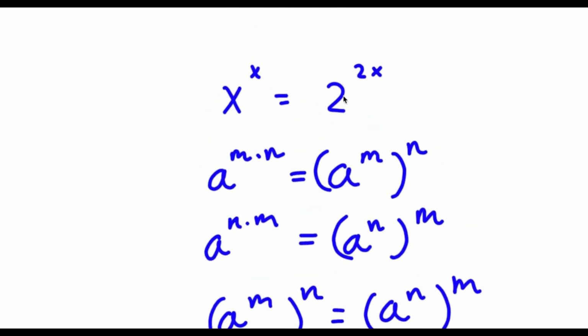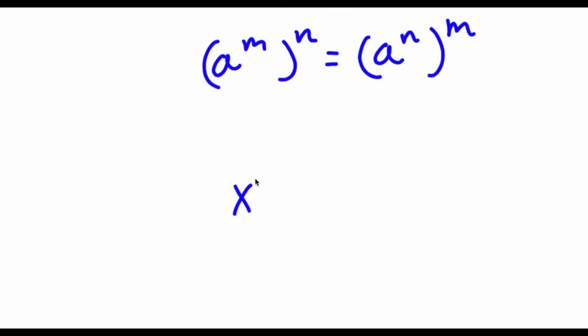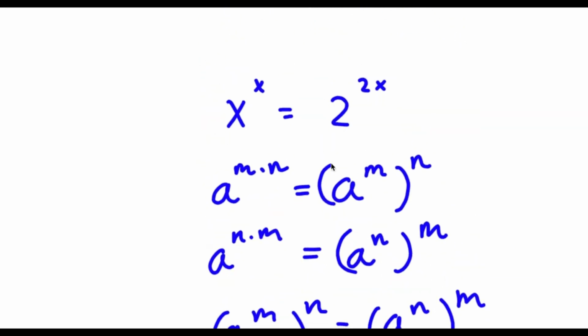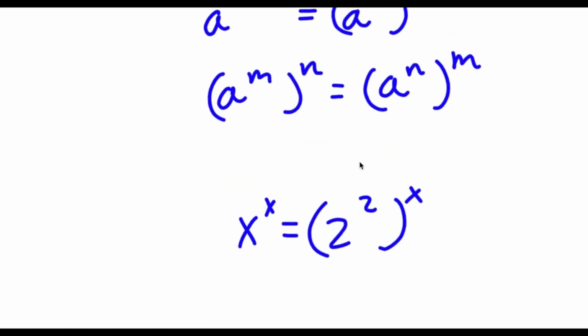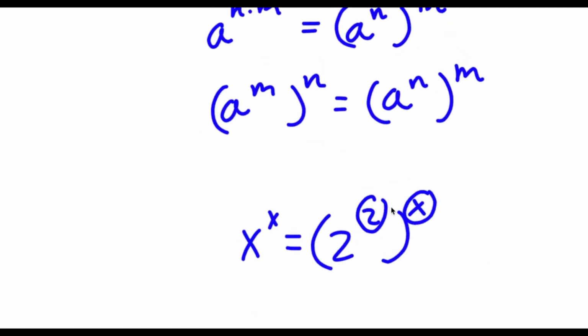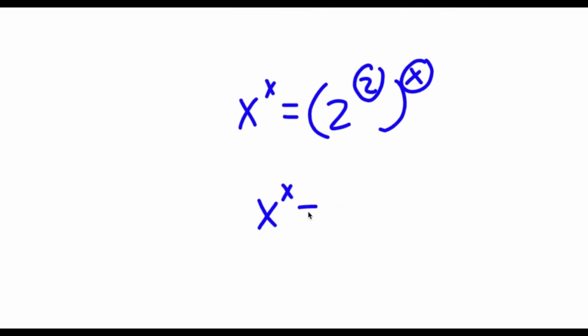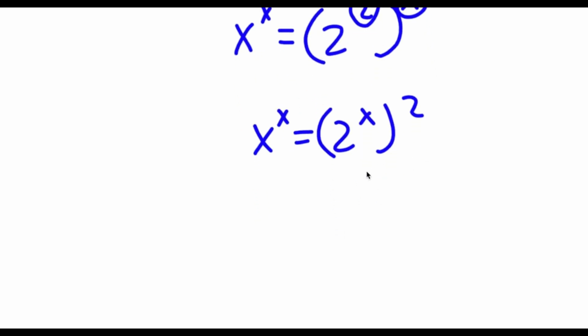So in this case, I have 2 to the power of 2x. So this is the same thing as 2 to the power of 2 to the power of x. And I can also switch these two, so this is the same thing as 2 to the power of x to the power of 2. Now I'm going to divide both sides by 2 to the power of x.